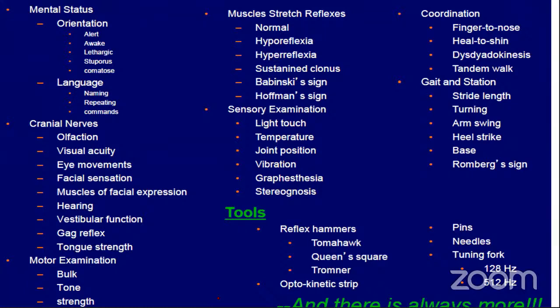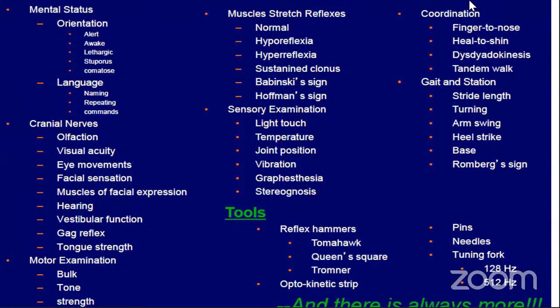These are the tools which you use, and in the examination you also address the cerebellar dysfunction features, which are finger-nose and heel-to-shin incoordination. Also, you look at dysarthria, nystagmus, dysdiadochokinesia in the upper limb, fast pointing, the tandem walk, the gait and station, that is stride length, turning, arm swing, the heel strike, the base, and the Romberg sign.